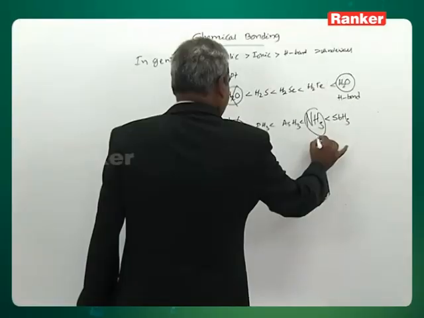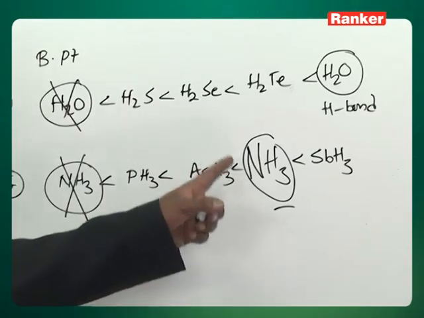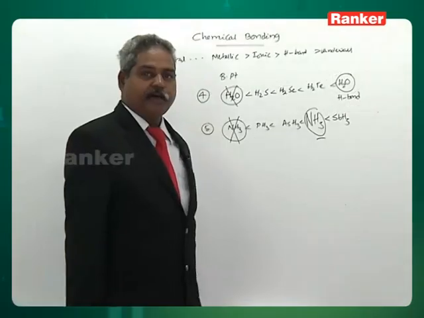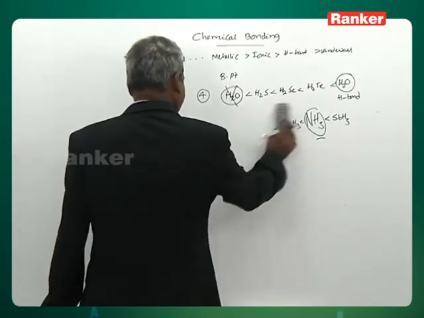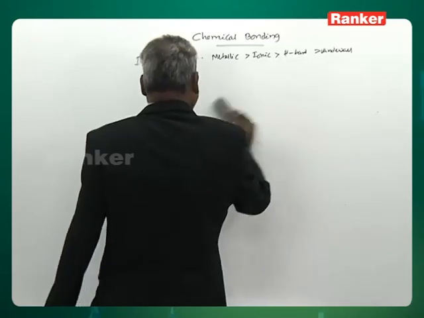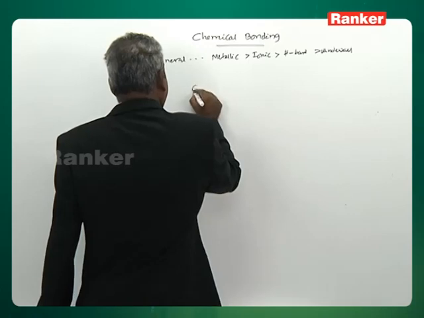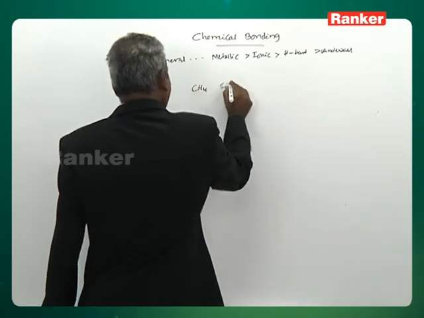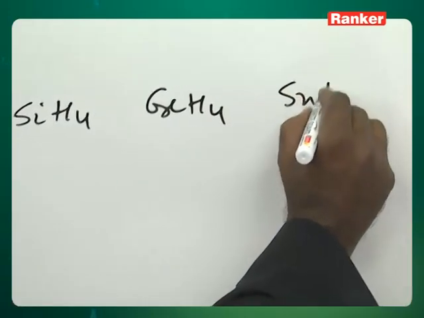It doesn't overtake stibine. Though it has hydrogen bond, it could not surpass stibine. NH3, SbH3. Next, boiling points of, once again, methane, silane, germane, stannane.